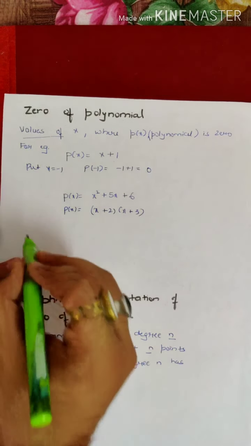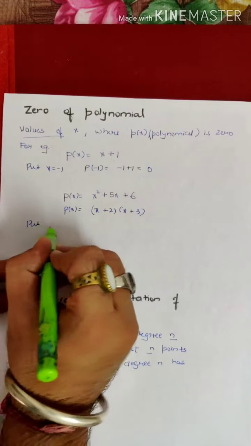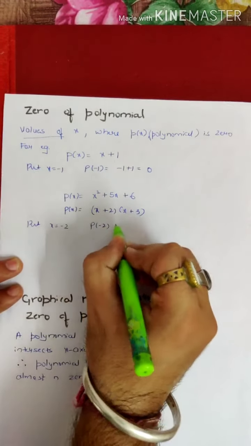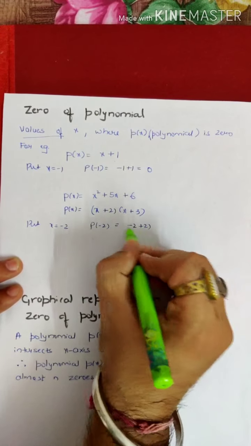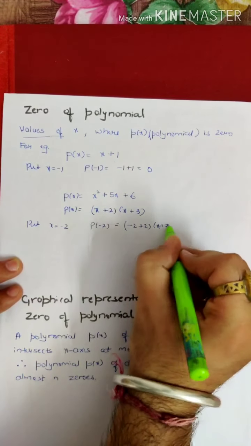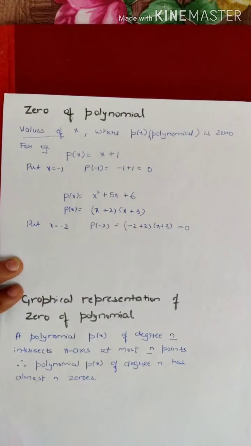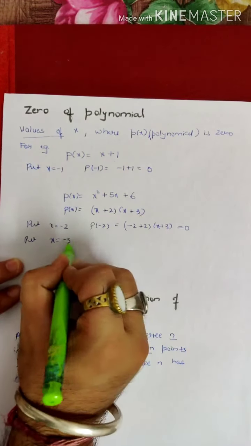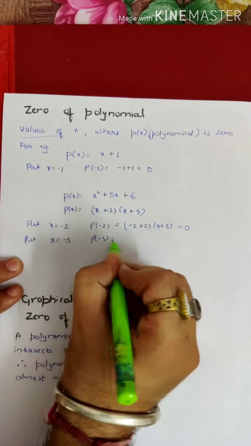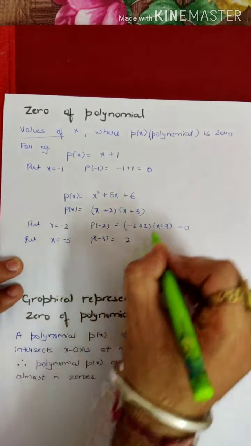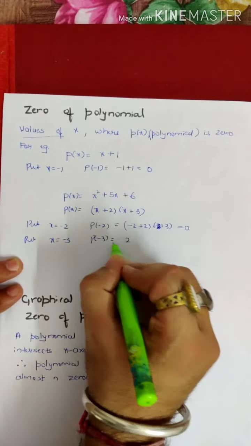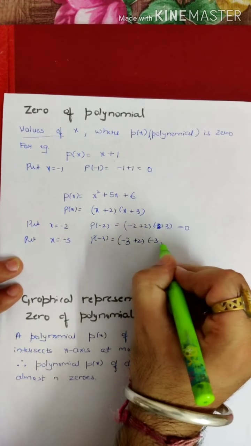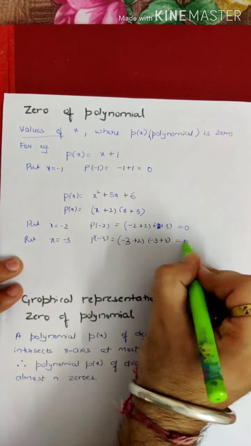Now here you can see when we put x as minus 2, you'll get the polynomial as 0, and when we put x as minus 3, again you will get 0.